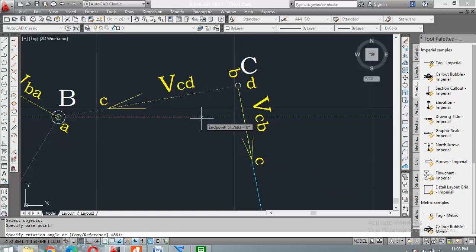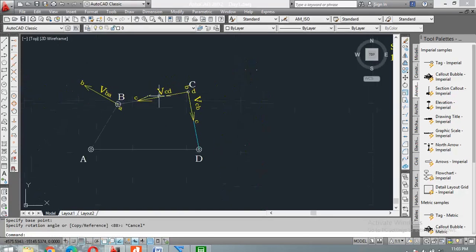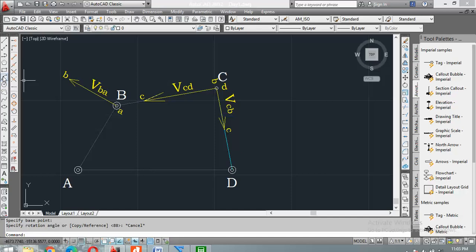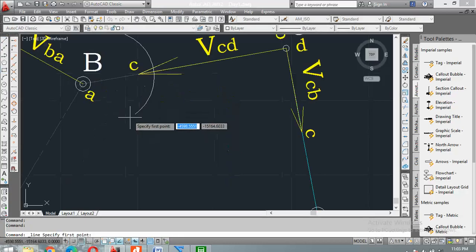VCB is in downward direction, so let us pull this C point in VCB direction. So if we pull this C point in VCB direction, then we can say that this link is rotating in clockwise direction, okay. So we can say that omega CB is in clockwise direction, okay.